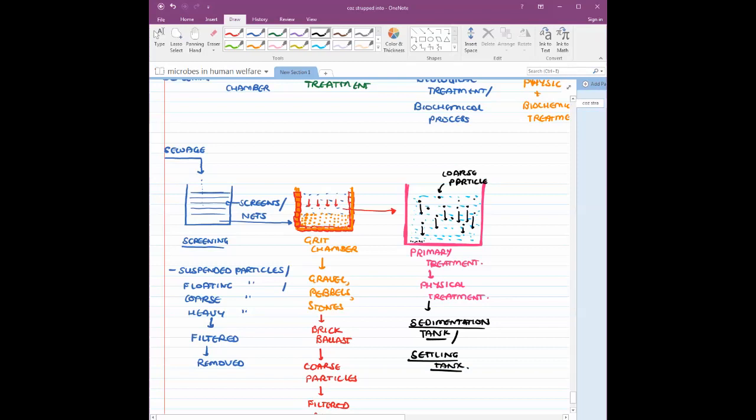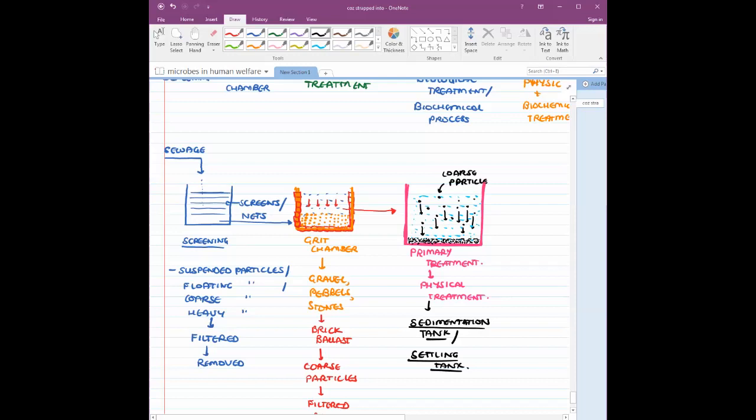And slowly you will see that you are going to get a blackish layer over here, guys, at the bottom. Now this blackish layer can be easily removed by your normal processes. This is nothing but you are filtering your entire sewage water.